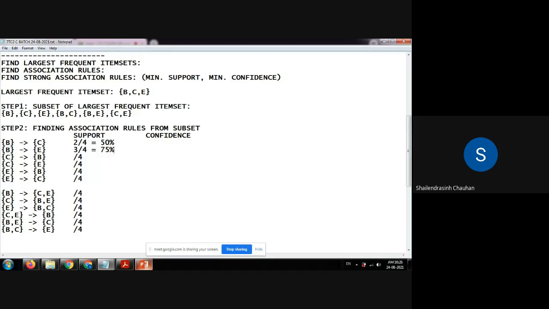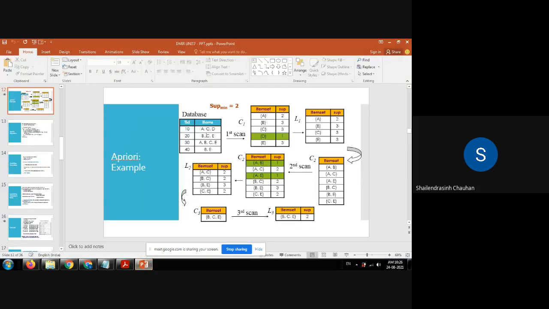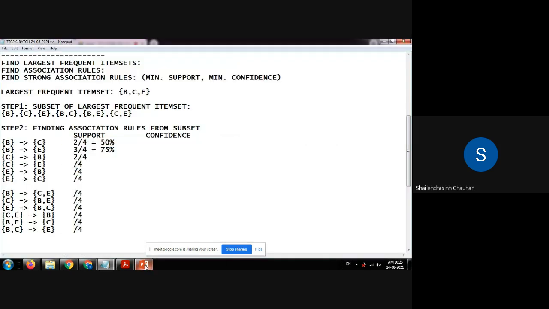Now, in how many transactions are CB both together? 2 times, T20, 30. Again, you are having 50% of support here.